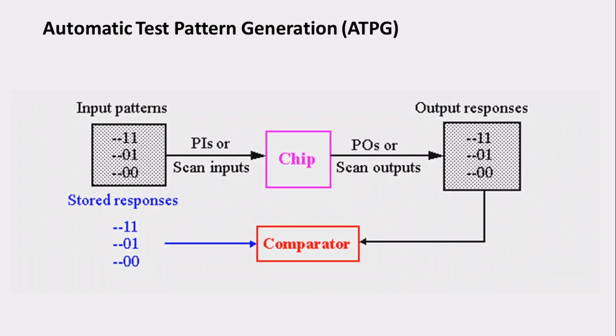So I'll be giving different types of input combinations. For those inputs, the possible outputs will be stored in an output comparator. The input patterns will be given to the chip, and the output responses will be compared with the stored responses.